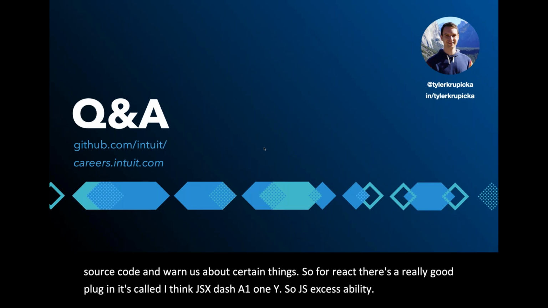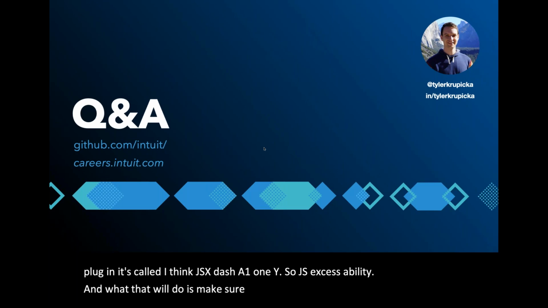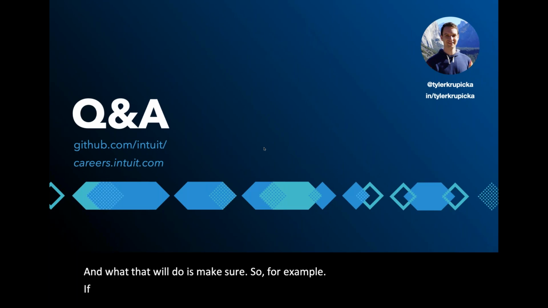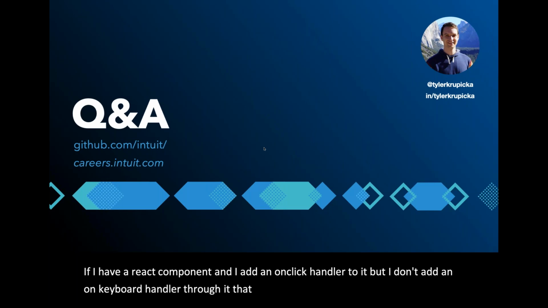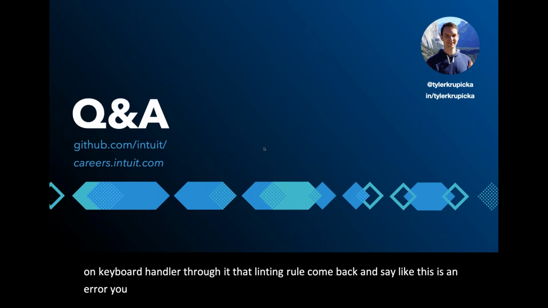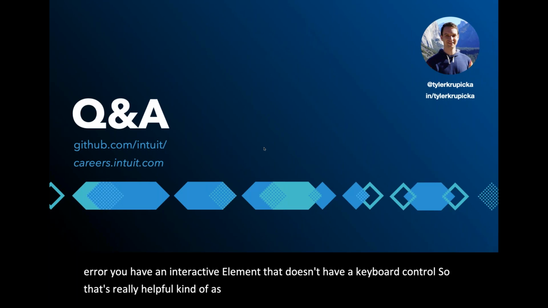For example, if I have a React component and I add an on-click handler to it, but I don't add a keyboard handler to it, that linting rule will come back and say this is an error. You have an interactive element that doesn't have a keyboard control.